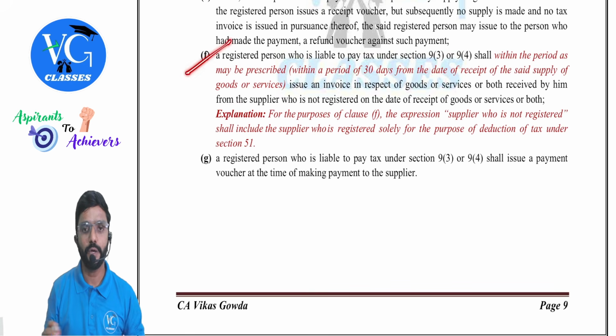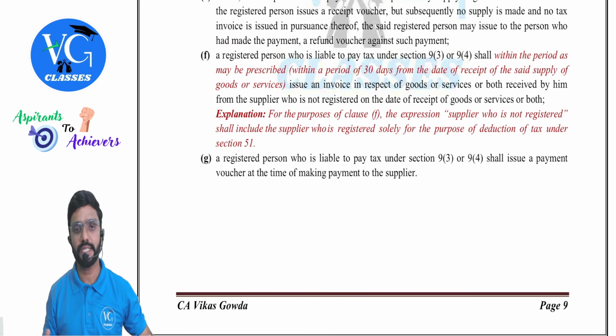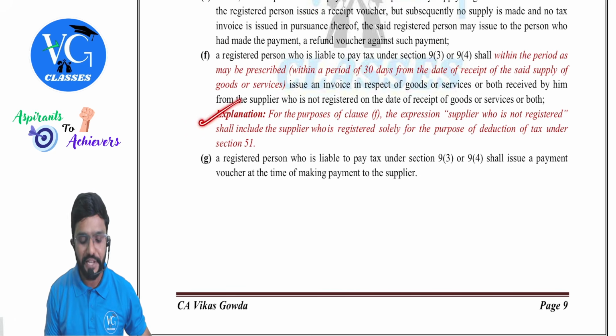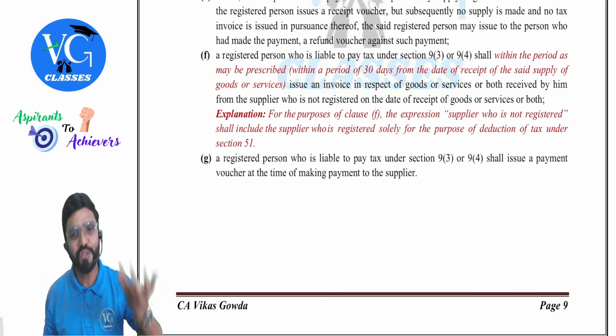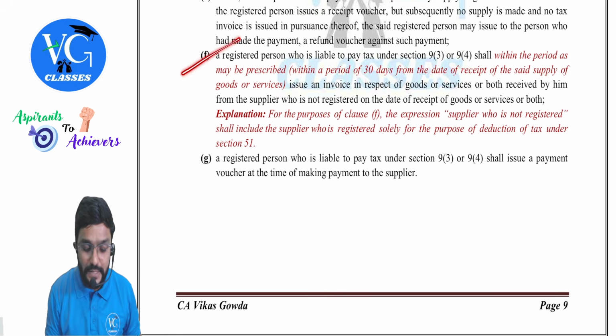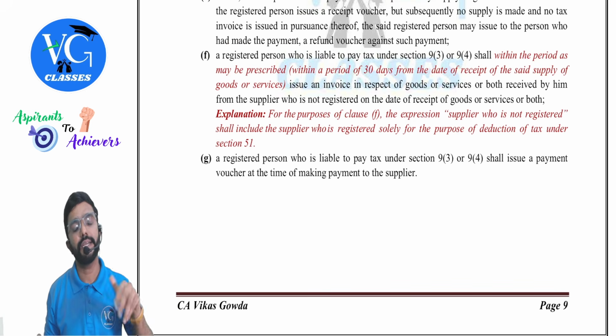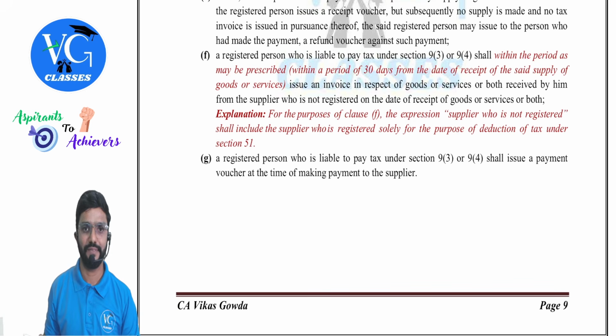So here they told if supplier is not registered but recipient is registered who is liable to pay tax under RCM, then recipient has to do self-invoicing. In the explanation, what they are telling is, guys, if supplier is registered but only to deduct TDS under section 51, but is not supplying anything, in that case, even though he is registered, for clause F purpose, consider him as unregistered.